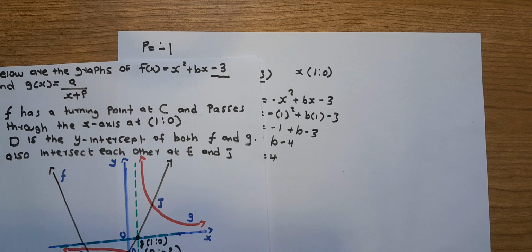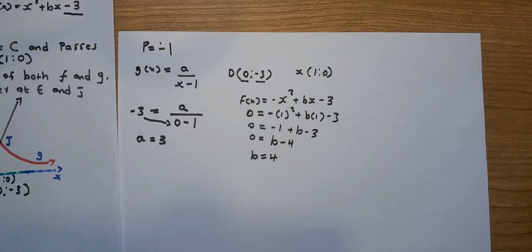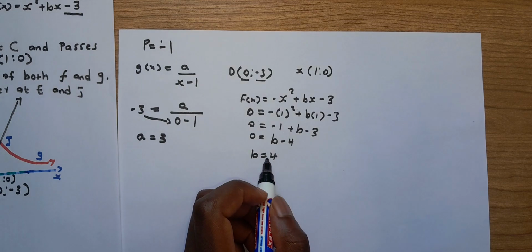I think I've copied everything correctly. It's x squared plus bx minus 3, and that point is 1, right? Yeah, I've copied everything correctly. So why is it that we don't get b equals 2 now?